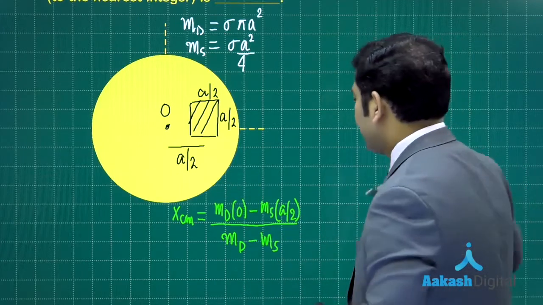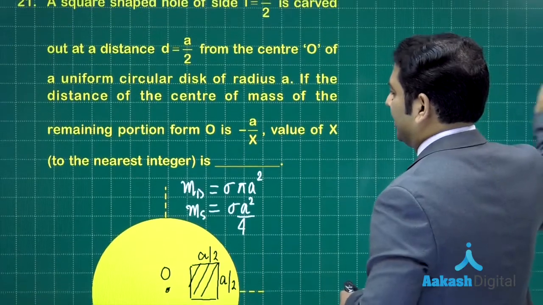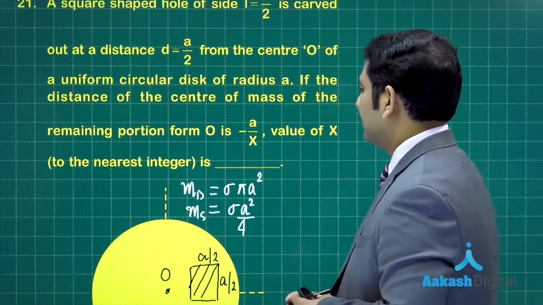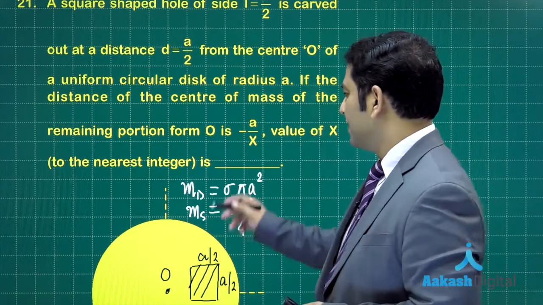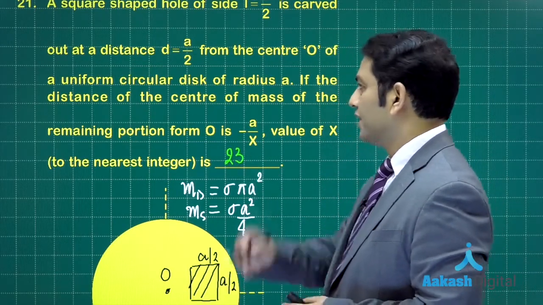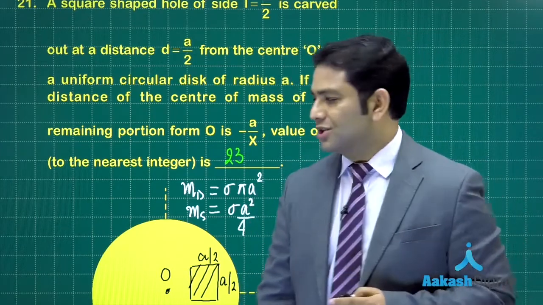And whatever comes the value of xcm, you need to equate it with minus of a by x. So xcm comes as minus a by 23. So which means the value of x will be 23. Now let's go to question number 22.